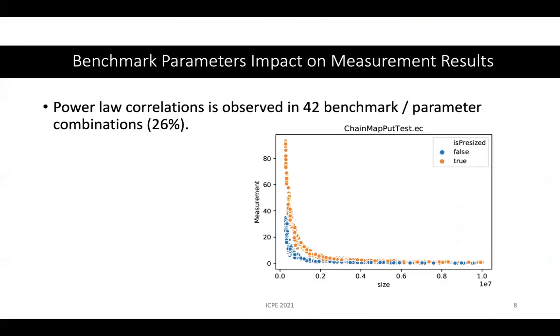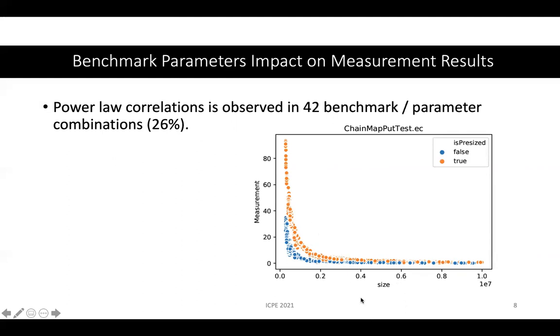For the metric parameters that impact the results, the most common relations between the parameters and the measured value in our sample are power law correlations, which we have observed in 42 benchmark parameter combinations, which constitute 26%. So here, the developers can understand that for the smallest values of the size, the measurement can change according to the power law distribution.